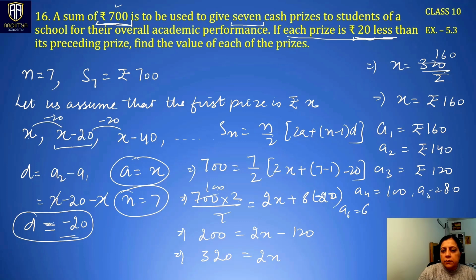A6 is 60 and A7 is 40. You can check this: 160 and 140 is 300, 420, 520, 600, 660, and 700. Right? So now we have found the amount of every prize, 7 prizes.